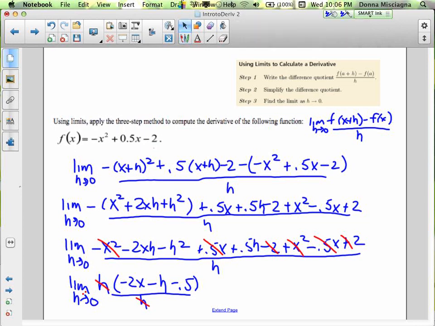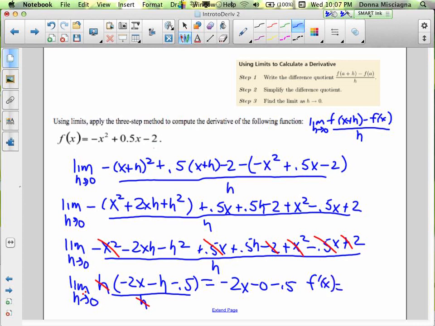Notice we had limit up there until now because now we're substituting in. So we have a negative 2x, and we have minus 0 and plus 0.5. So that means our derivative, f prime of x, oh, I forgot to write it all the way through. Because this is what we're finding, right?